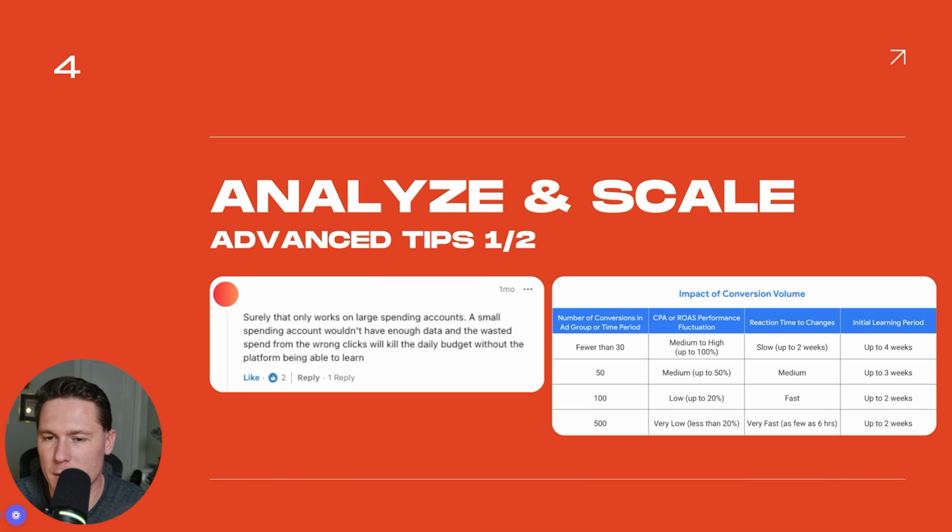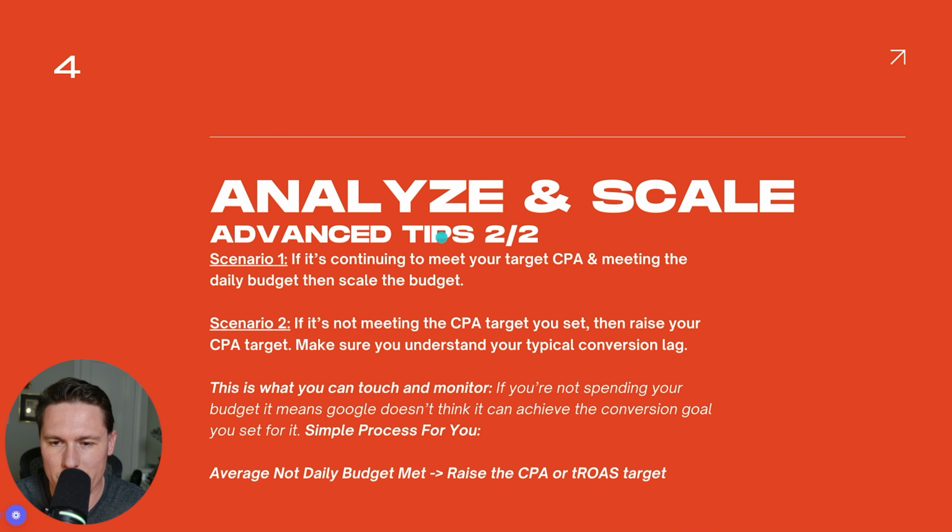All right. And then this next part says 2 out of 2 here, but this is actually 3 out of 3. So just a couple scenarios. Scenario number 1 is if you're continuing to meet your target CPA and meeting the daily budget, then basically scale that budget. That's what you'll want to do. Scenario number 2 is if you're not meeting your CPA target, then raise your CPA target.